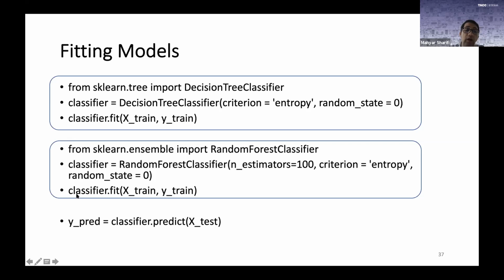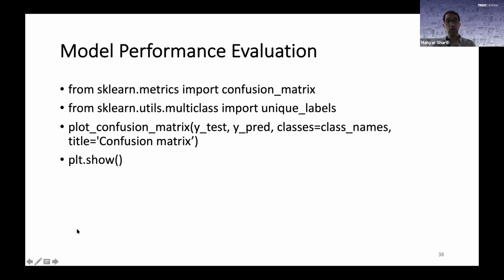I can fit another classifier to my training data set and train it based on the ground truth of the training data set. Once those models are ready, I can use either of those classifiers to predict my test data points and predict my values. Once I have my predictions, now I'm ready to create my confusion matrix and essentially report and evaluate my model performance.